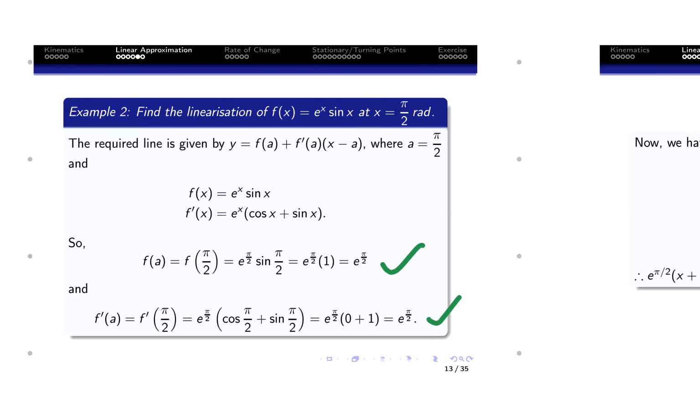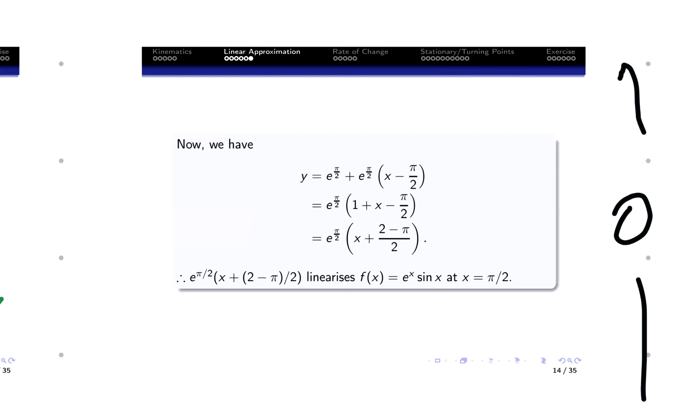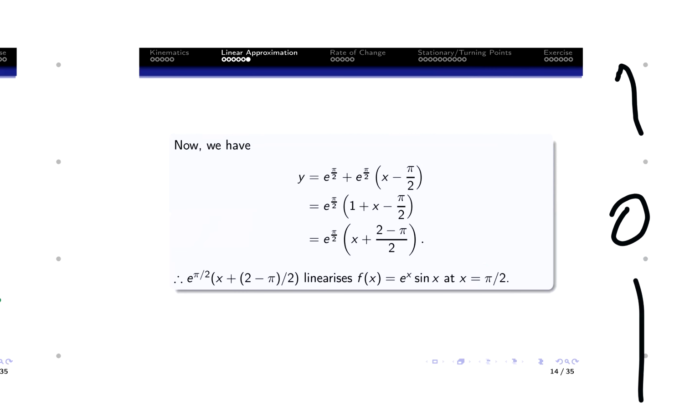So you can now bring your expression again: y equals f of a plus f prime of a into x minus a. So f of a is e raised to pi over 2. F prime of a is e raised to pi over 2 again. Then x minus a is x minus pi over 2 here. So we can tidy things up now.